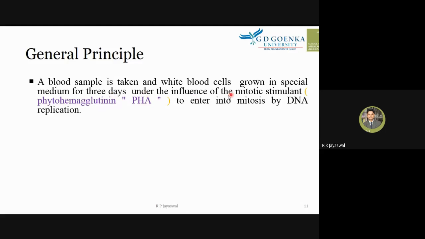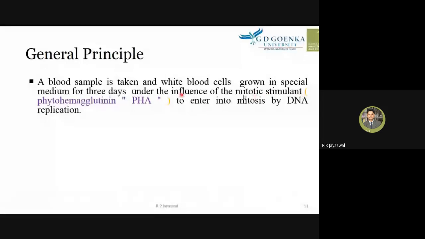And under the influence of a mitotic stimulant. When we inoculate these white blood cells in this special growth medium, there should be a mitotic stimulant chemical which stimulates the mitosis process.